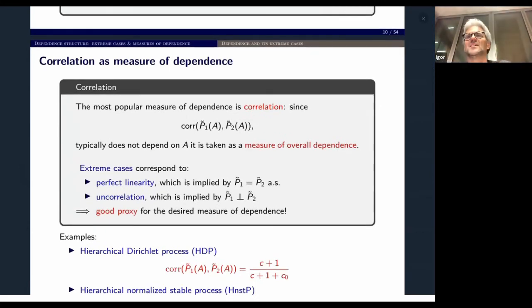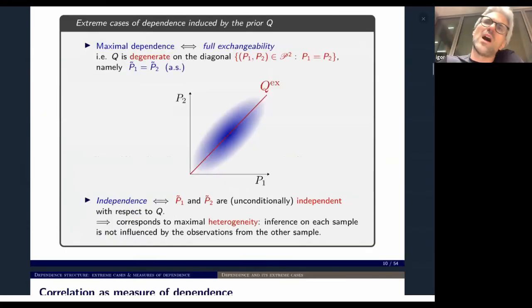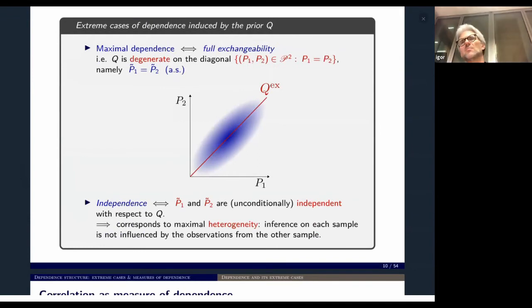Okay, and it's clear that a first requirement one would want of a model is that I have some parameter such that I can learn about how far I am from each of the extreme cases.